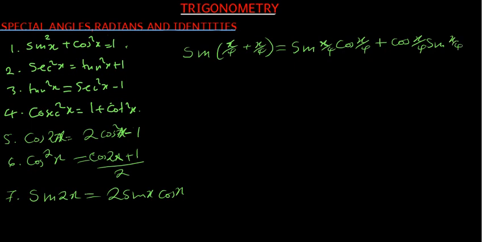But you know that x over 4 plus x over 4 is x over 2, which is the same as half x. We can add these because they are like terms, so that will give us 2 sine x over 4 cosine x over 4. Okay, same when if we were given, let's say, in terms of cos.